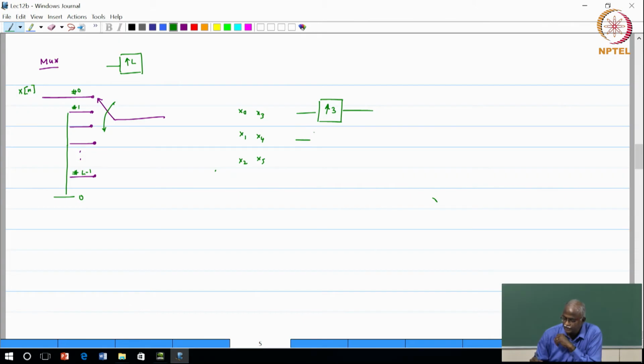To insert x of 1, you upsample by a factor of 3, and then you pass through a delay so that it actually gets into the right position.